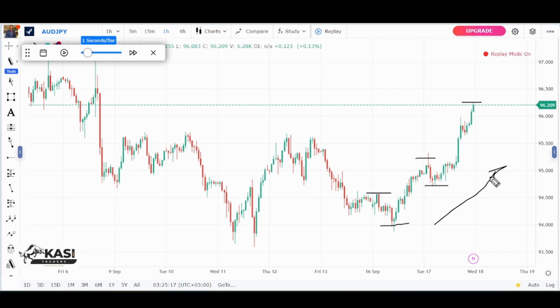the next thing that I want to do is to identify structure levels, and to do that I need to find the levels that have been broken. Let's do the support and resistance levels.